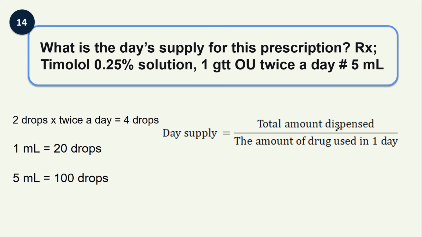Total amount dispensed is 100 drops and in a day you're using 4 drops. If you divide 100 by 4, that equals 25 days. So basically this prescription is for 25 days.